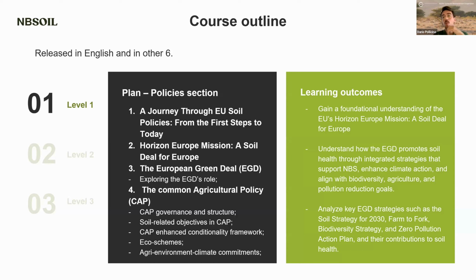And some of the policies we have focused on are the EU soil strategy, of course, that is very important, and it's also an important milestone at the EU level. The EU biodiversity strategy, the farm to fork strategy, the EU forest strategy, the zero pollution strategy, and EU climate law.